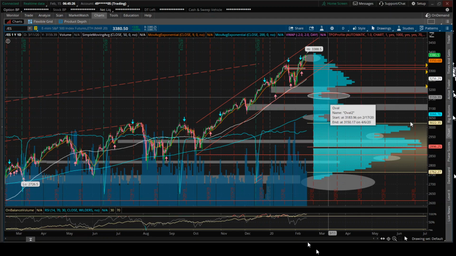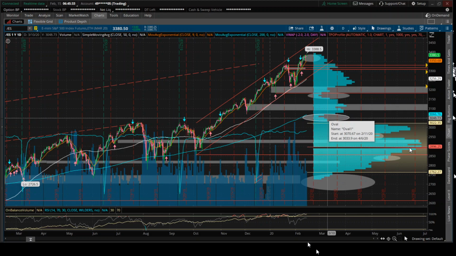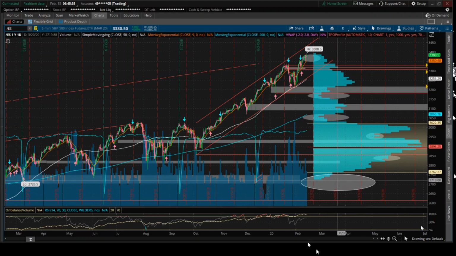And it doesn't necessarily mean that price is going to return to those areas anytime soon. Probably will eventually. Big scary one down here, right?